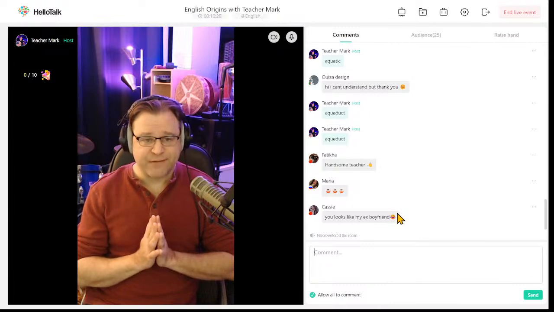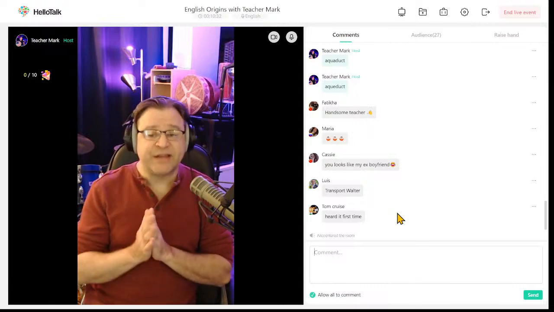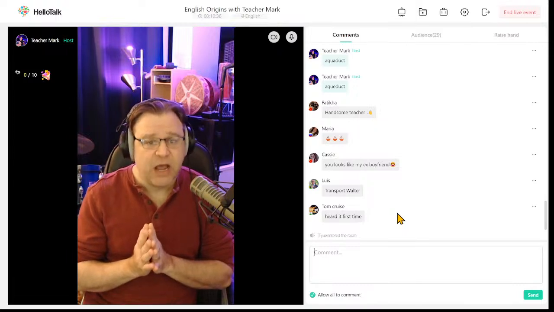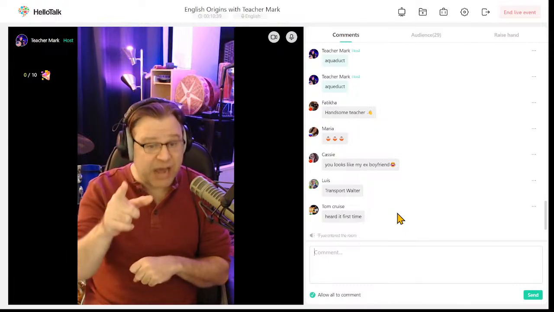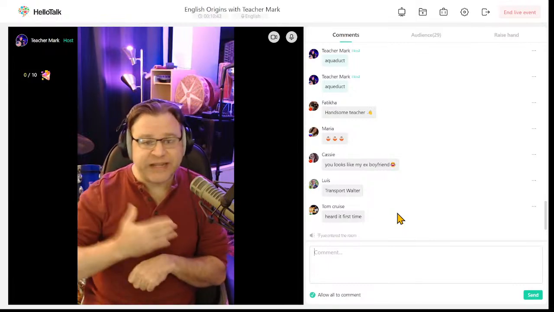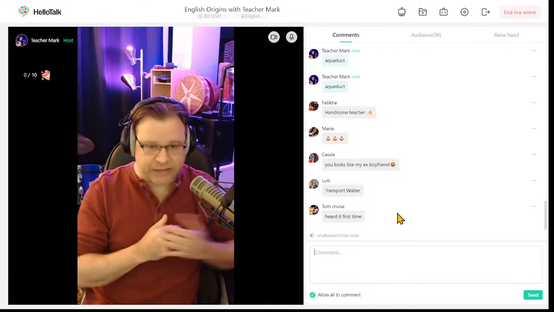Come on, class. Let's go. Luis says it transports water. That's right, an aqueduct. Aqua means water, and duct, D-U-C-T, actually means to lead something. So an aqueduct leads the water to the city.